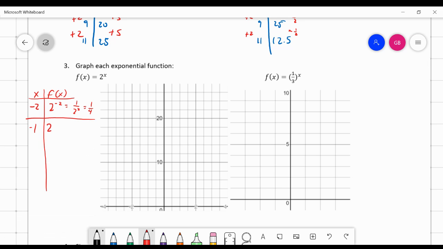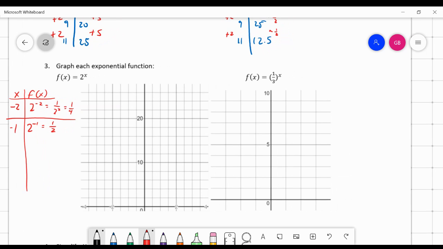For -1, 2 to the -1 power is 1/2. For 0, 2 to the 0 power is 1. For 1, 2 to the first power is 2. For 2, 2 to the second power is 4.